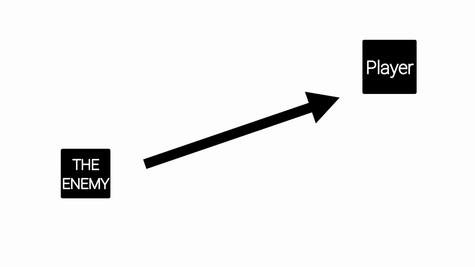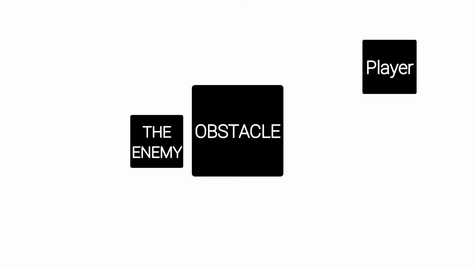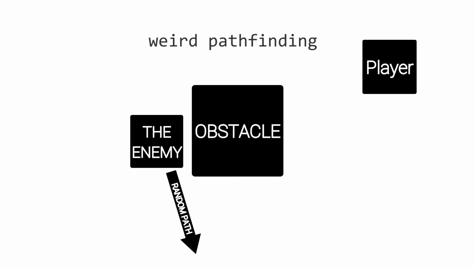The monster, the enemy, first finds the direct path to the player and goes in that direction. If it hits a wall or anything else that blocks its path, then it moves to a random path for a while before heading back straight towards its target, which means that pathfinding in Doom is not really pathfinding, it's just a random game.